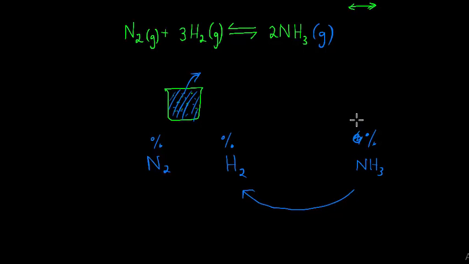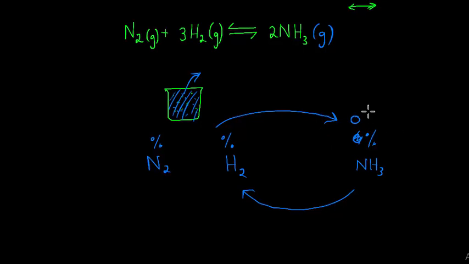Now that doesn't mean there's no ammonia left, because the rate at which ammonia is being produced, and this is where rate of reaction is going to come in, is still higher than the rate at which it is decomposing.